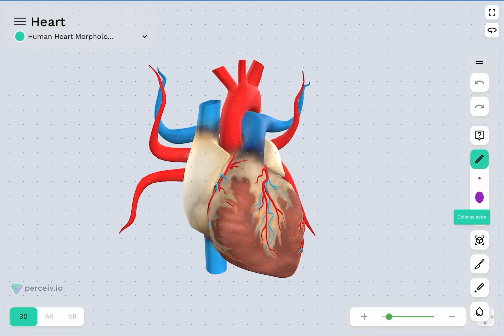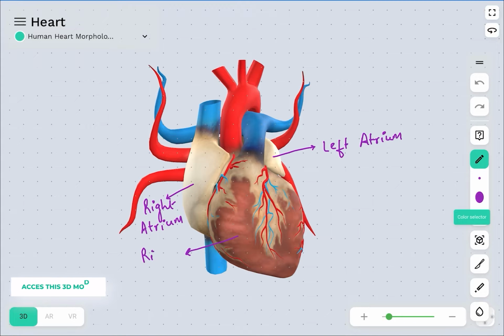So this one represents the right atrium. All right. And this one represents the left atrium. This one represents the right ventricle.